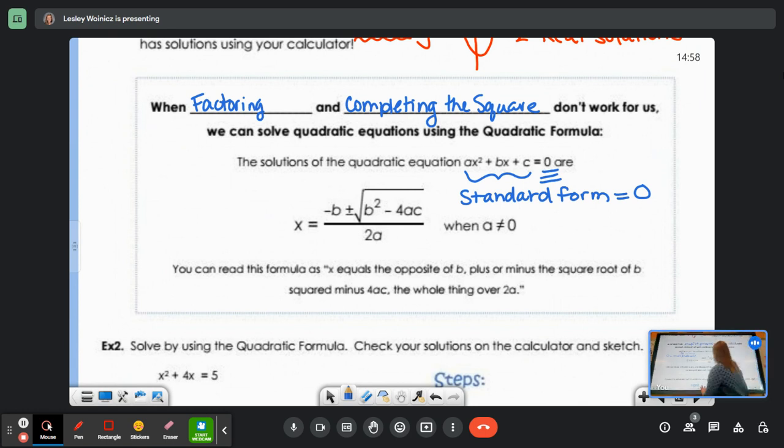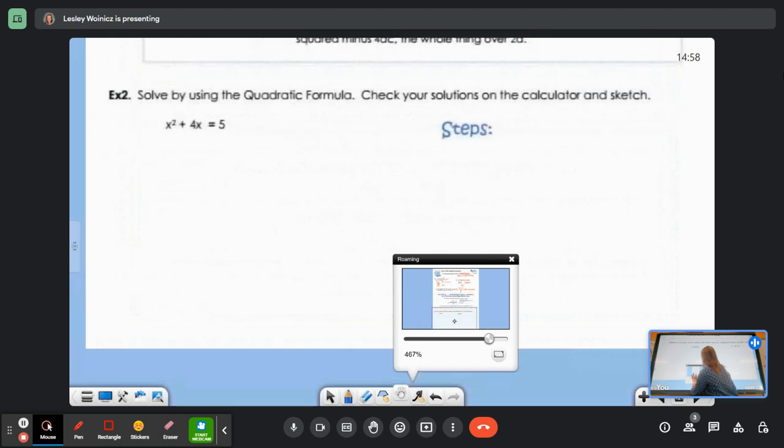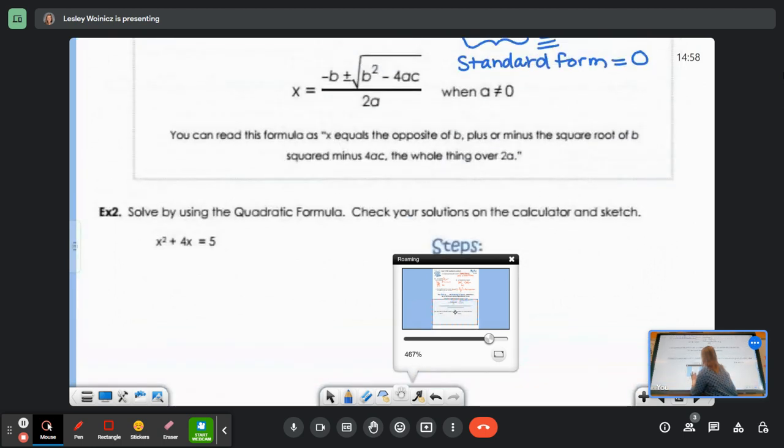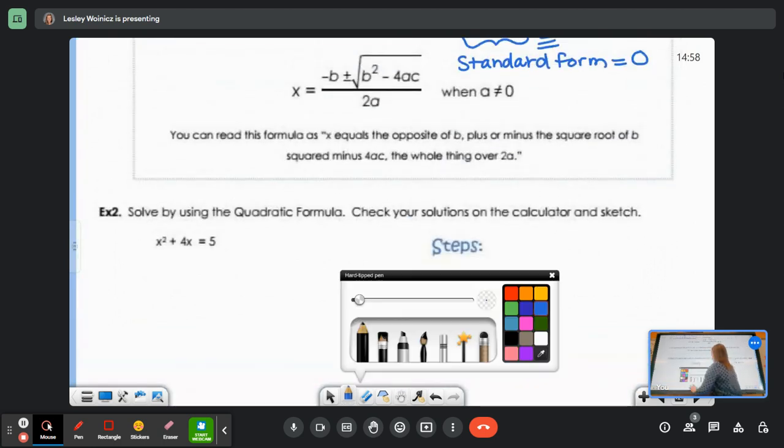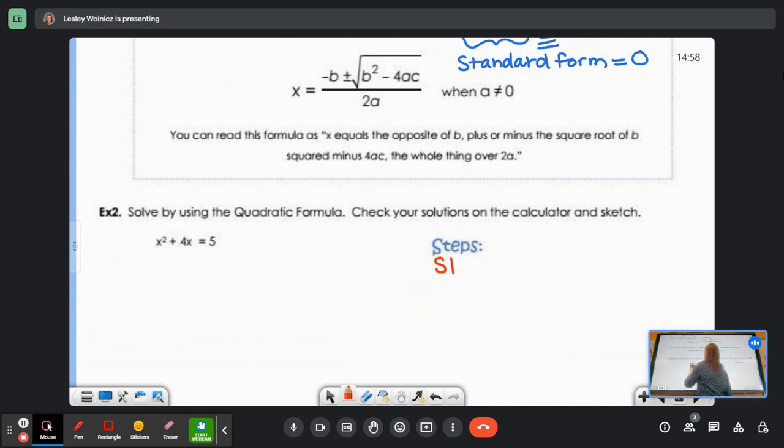All right, let's go. Let's practice. Okay, so our first step is that we actually have to get it in standard form equal to 0. Here, I'm going to write that as ax squared plus bx plus c equals 0.